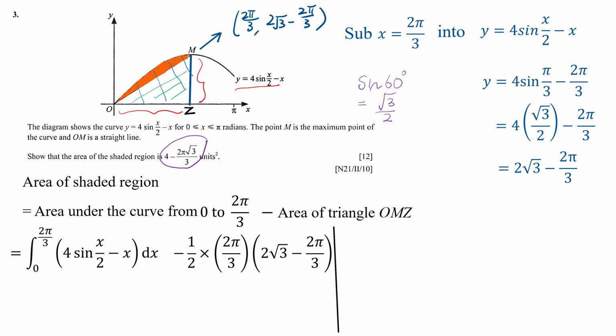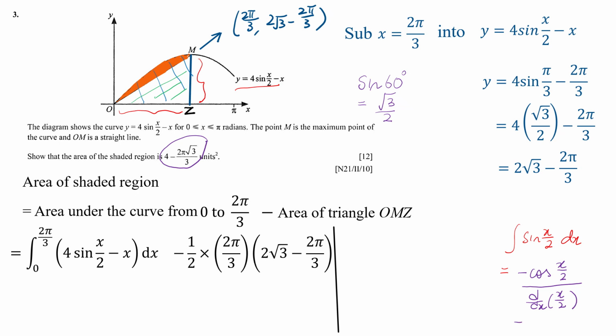Alright, so to integrate sine x over 2, integrating sine, we have a negative cosine x over 2, and integration is different from differentiation. Instead of multiplying with the differentiation of x over 2, we actually divide by the differentiation of x over 2.